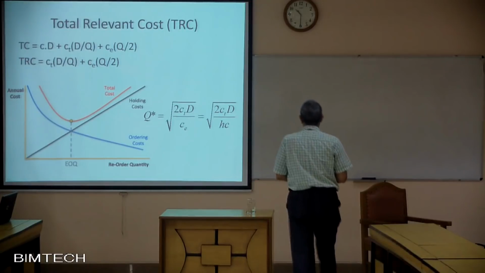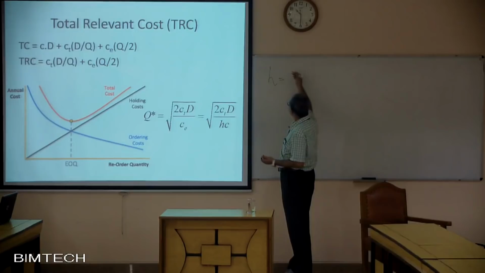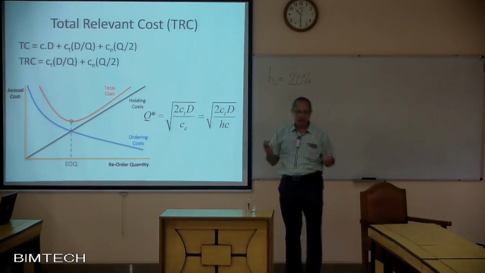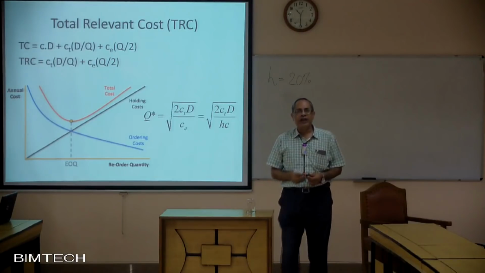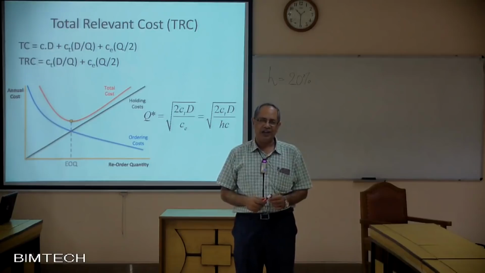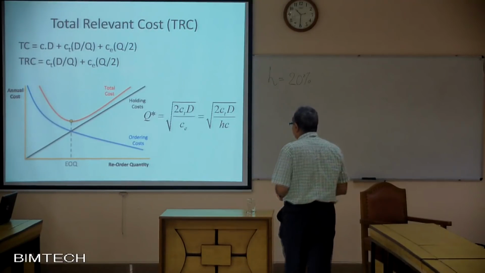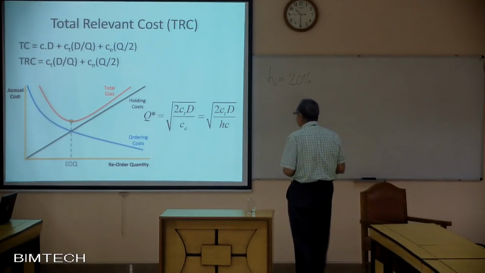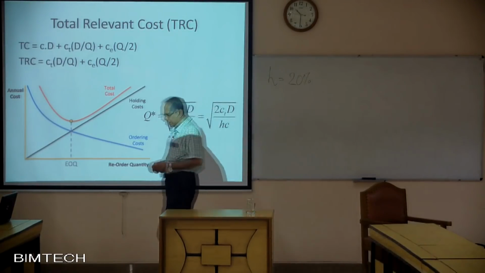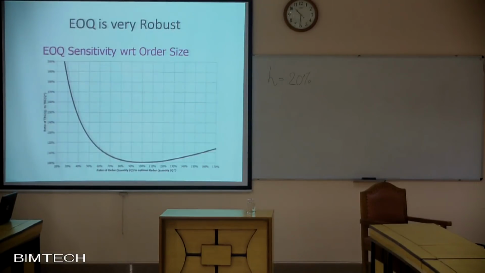You might have seen typical figures of H would be, say, 20% or 25% or so. So that is the annual rate of inventory charge that is applicable. I think this is something that we are all very familiar with. I am just going through it because we want to recap what we already know.